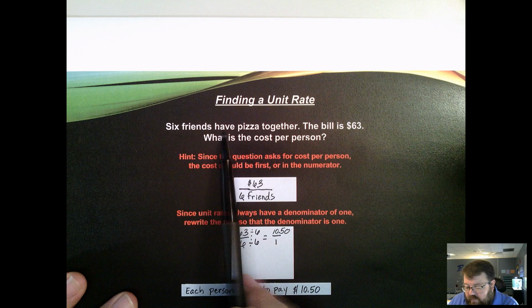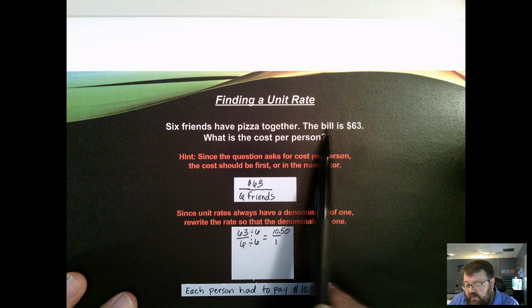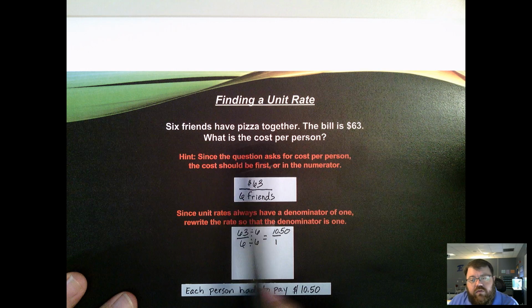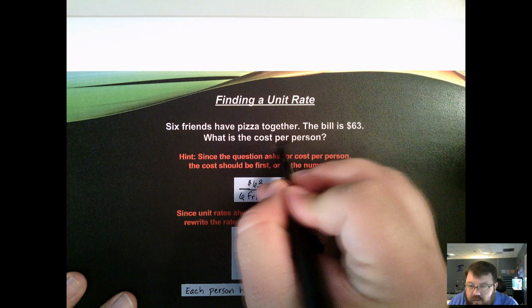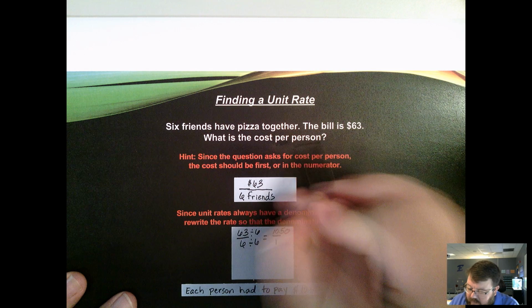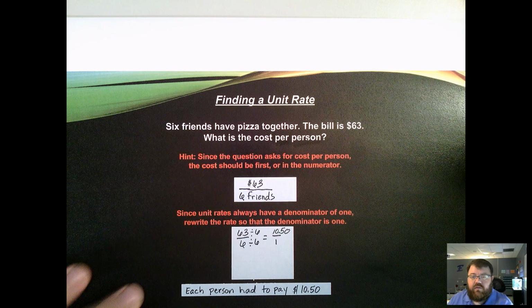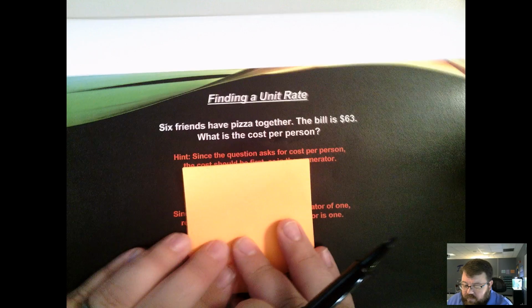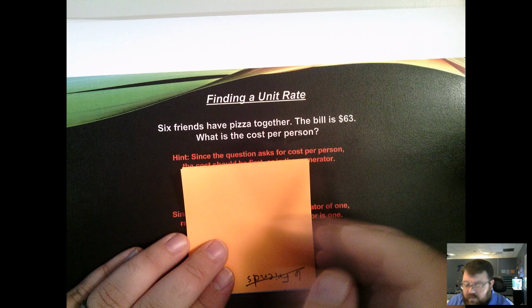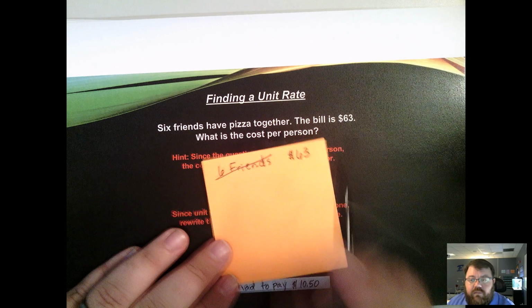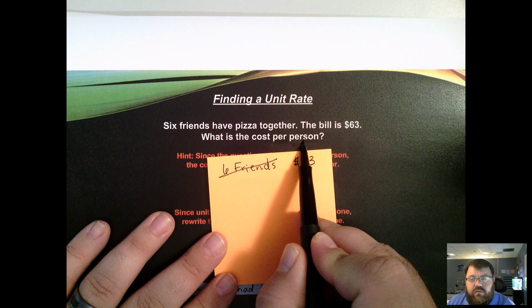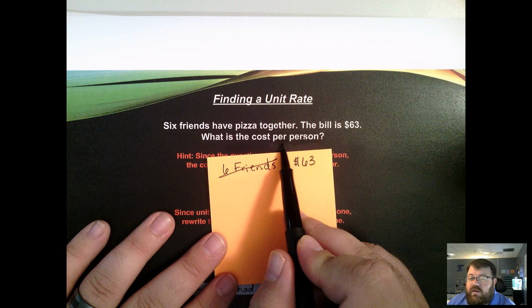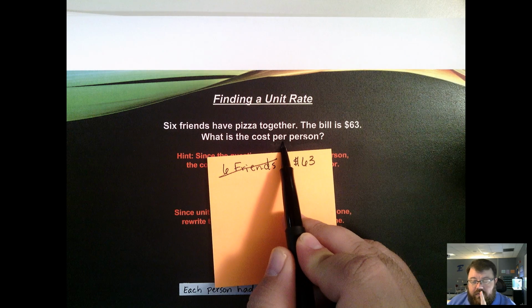Now let's back up for a second and let's review this question. 6 friends have pizza together. The bill is $63. What is the cost per person? The first thing I did was I wrote down my two numbers, the 6 and the 63. Okay? Since it said per person, I know that the number associated with per is 1.